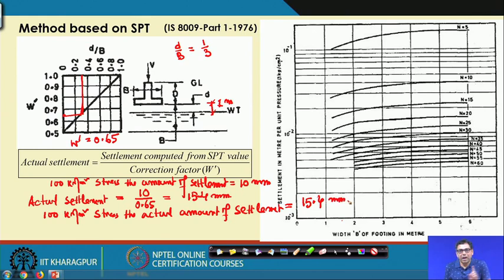But your permissible settlement is 50 millimeter. So, you are getting 15.4 millimeter settlement for 100 kilonewton per meter square stress. Then the question is, what would be the stress for which you will get the 50 millimeter settlement? So, that stress will be your allowable stress, or safe bearing capacity in terms of settlement.